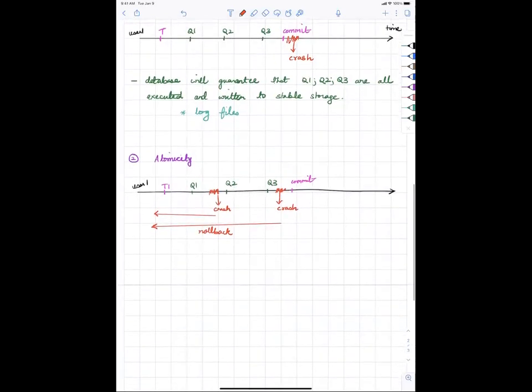Like I mentioned before, it's all or none. You cannot have partial transactions. It all happens.